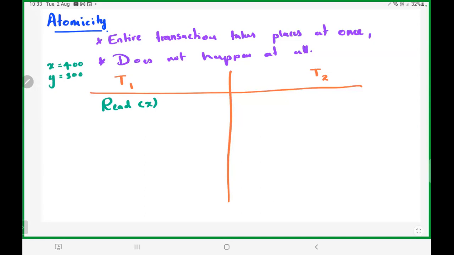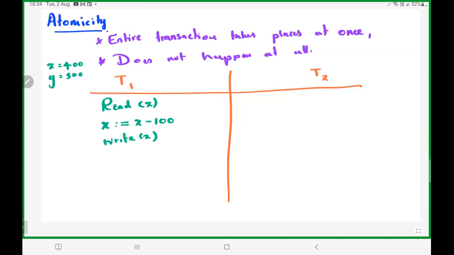Read X. Then the transaction deducts 100 rupees from X. Then it will write X again.